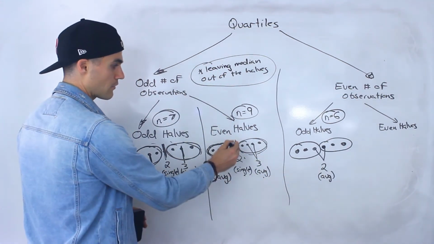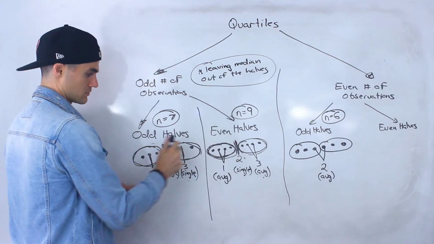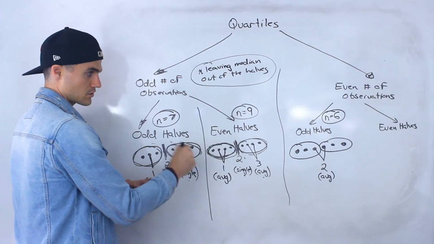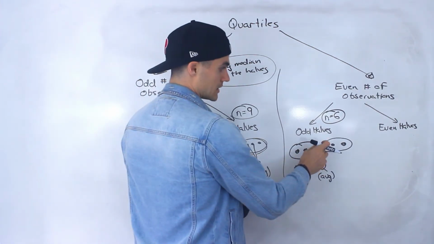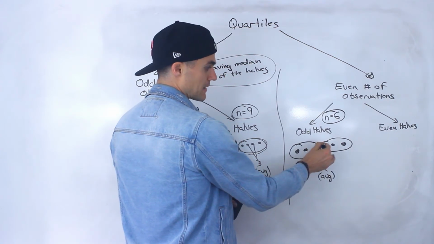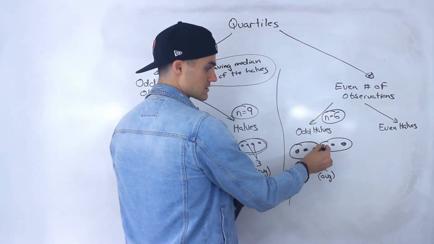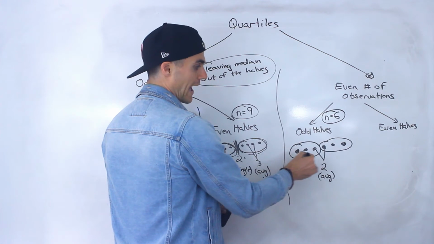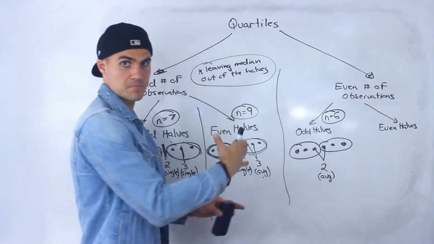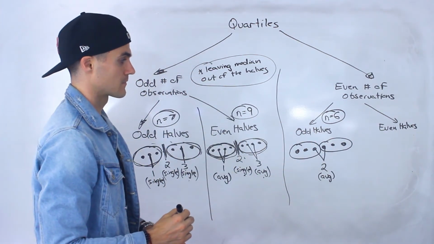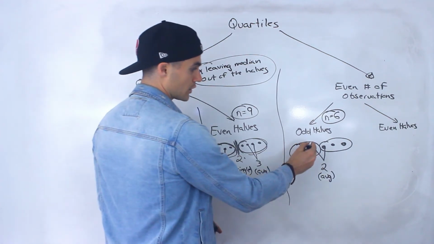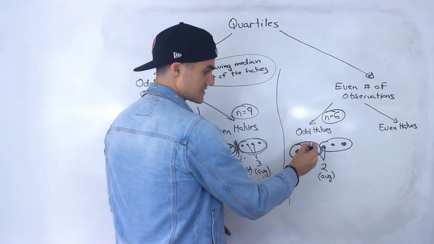So notice here how the median we left out, right? We left out of these circles. But because the median in this case is based on 2 points, those 2 points we're going to have in the respective halves. Right? So you're going to look at these 3 observations.